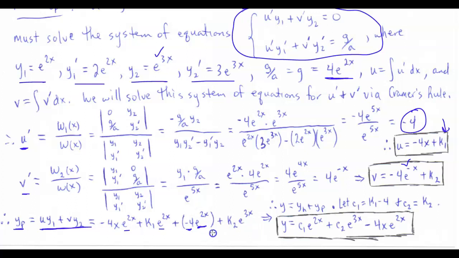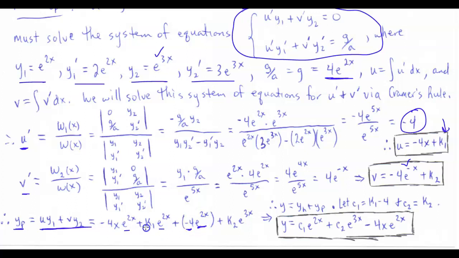The second term, of course, is your k2 times y2. So that's k2 times e raised to the 3x. This gives you k2 e raised to the 3x. Okay? And so now, at this point, we have everything that we need.